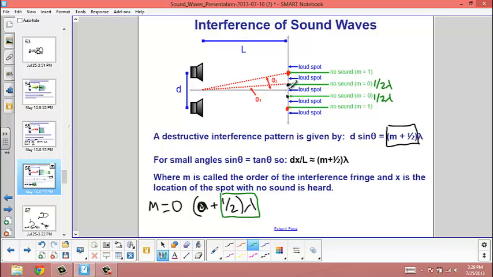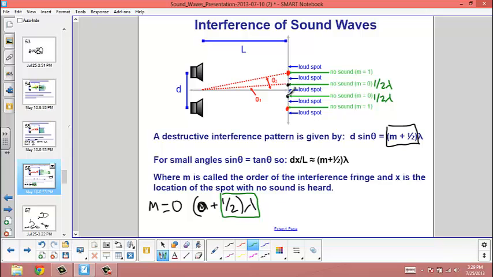So if we're standing at those 2 black dots, that means sound will travel 1/2 wavelength greater distance from one speaker than it did the other. So if we're at the top black dot, m equals 0, that means the distance from speaker A to that dot is 1/2 wavelength smaller than the distance from speaker B to that same dot.